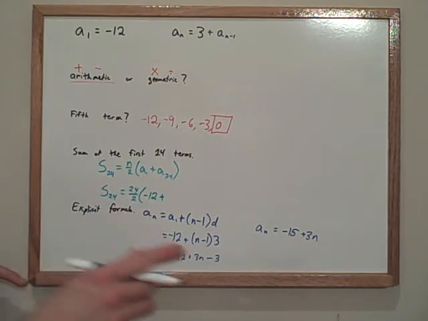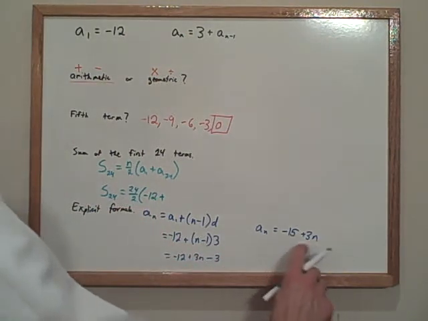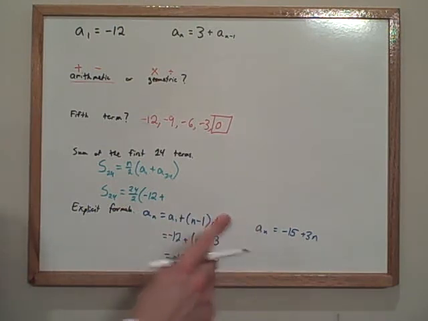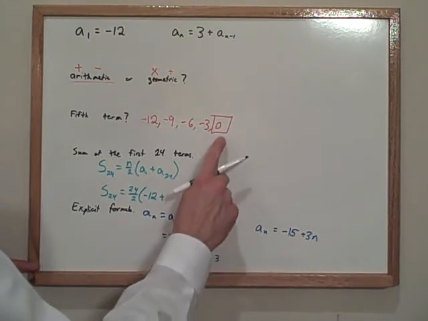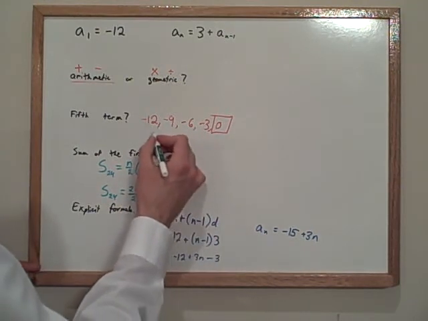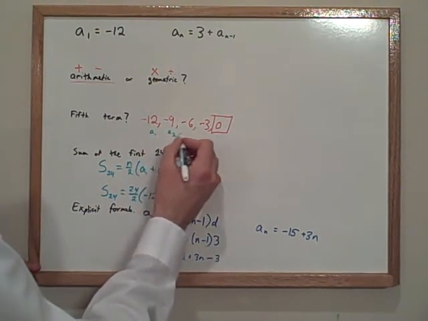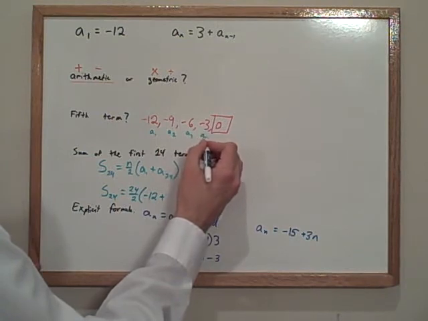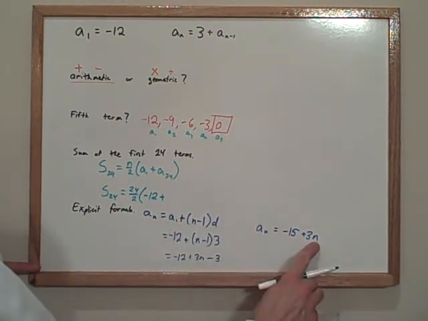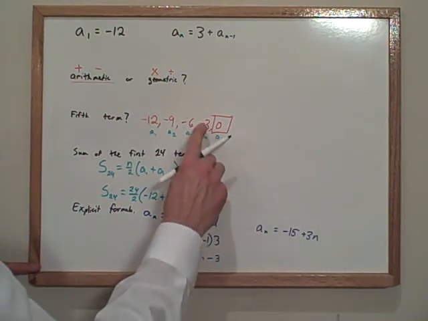That's all right, that's fine, because we got everything we need right here. This formula is going to give us the term we want. For example, if we had this first, we could have found this one very easily. Notice if we plug in a 5, this is the first term, this is the second, the third, the fourth, the fifth. Notice if we were to plug in a 5 right there, we'd get 0. Plug in a 4 right there, we'd get negative 3.